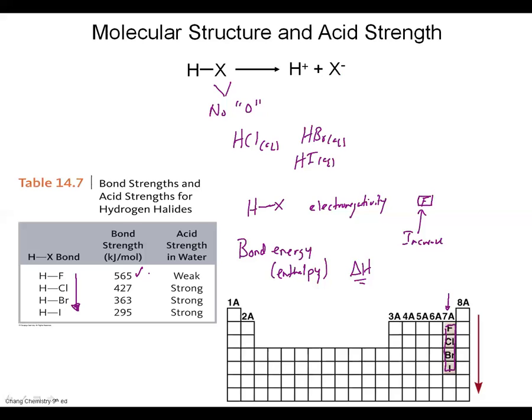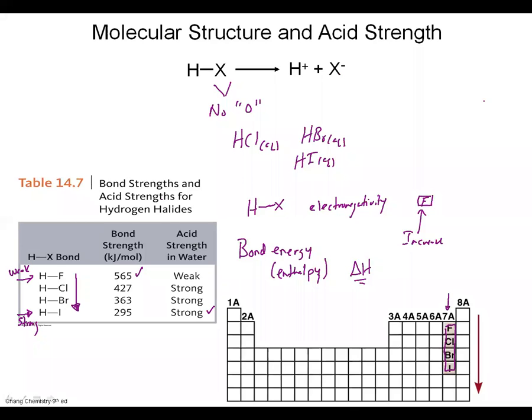And as we go down, the bond energy actually gets smaller. What that means is that for this type of acid, based on bond energy, the strongest acid is this one right here, while the weakest acid is this one here. The reason is the basic understanding of what an acid is.